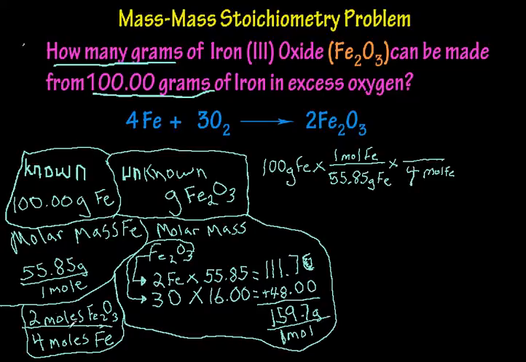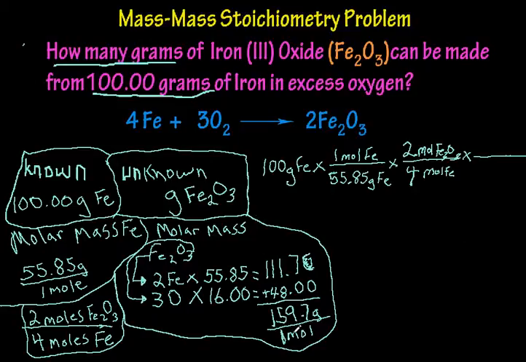And what was the top number of the magic fraction? 2. Remember where I got the 2 from? Iron oxide. 2 moles of iron oxide, times last fraction. I need something with moles of iron oxide on the bottom, and that's back to the periodic table.